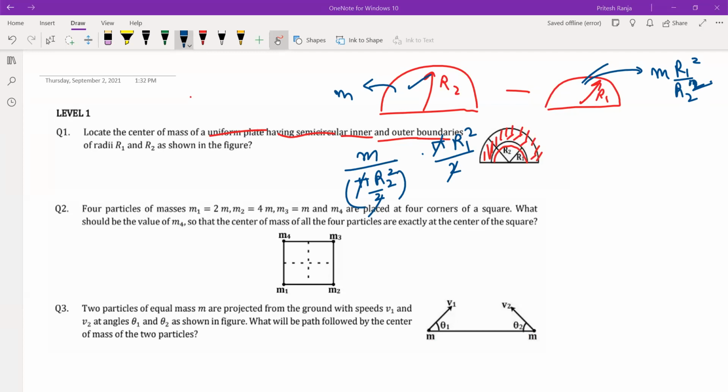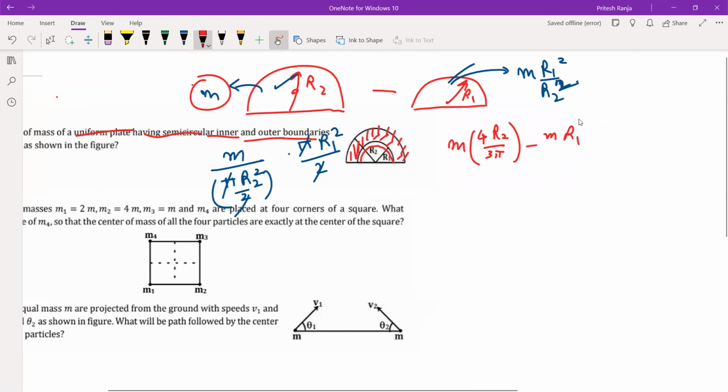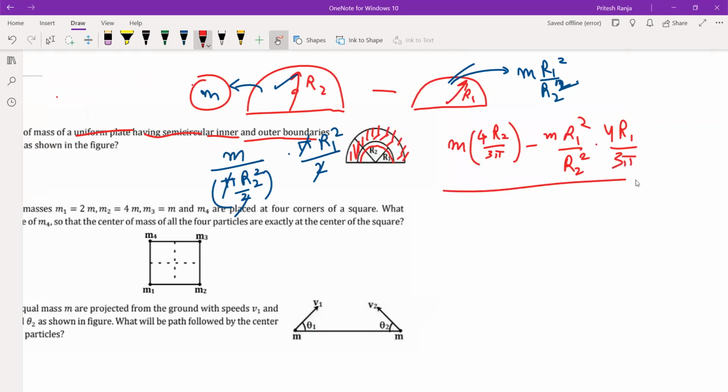And center of mass of semicircular disc और semicircular plate क्या होता है? 4r by 3 pi. ये सभी को याद रखना पड़ेगा. So its mass into 4r by 3 pi. And from here you remove mass, क्या है? m into r1 square by r2 square into 4 its radius r1 by 3 pi and divide by the difference of mass.